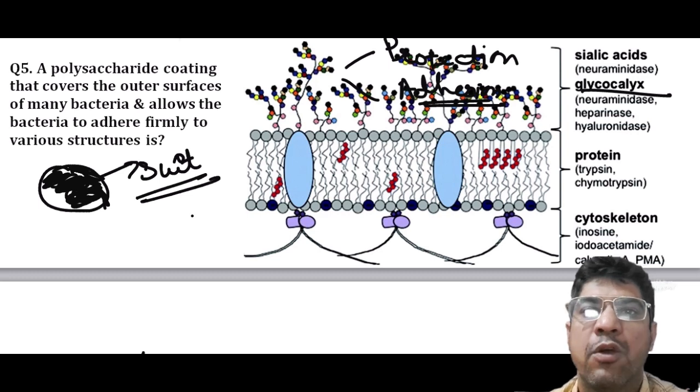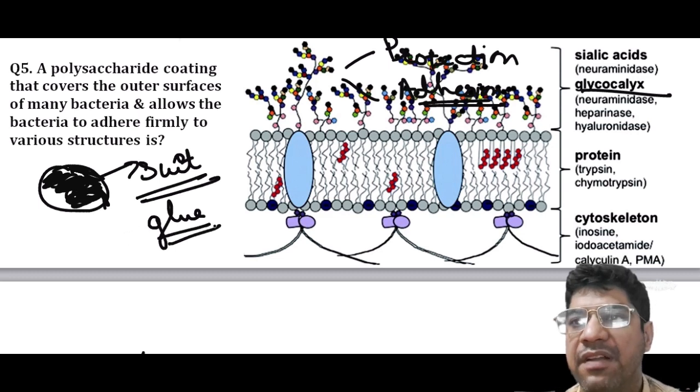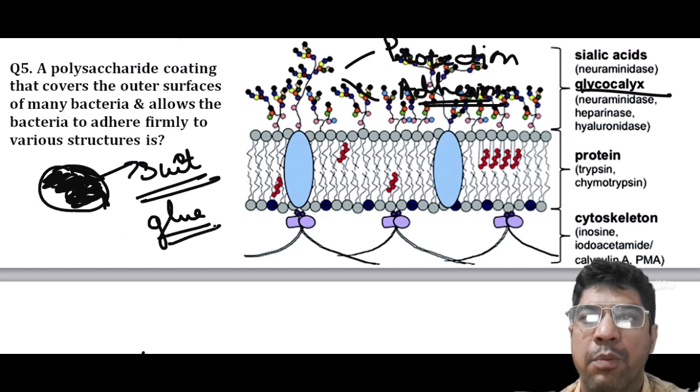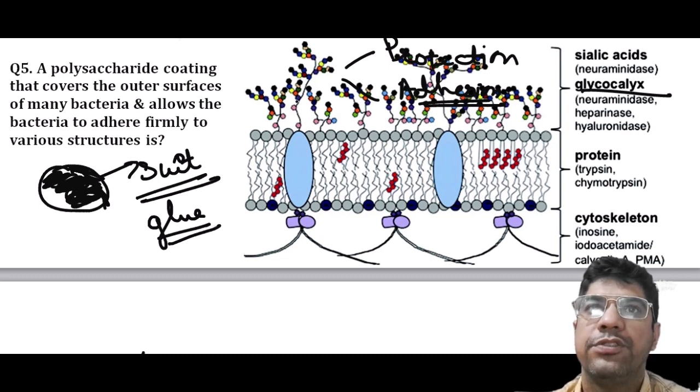Second, the glycocalyx also works as a glue, which allows the bacteria to stick to surfaces, whether it's in your body or an object. So this stickiness is vital for bacteria to survive. So the answer would be glycocalyx.